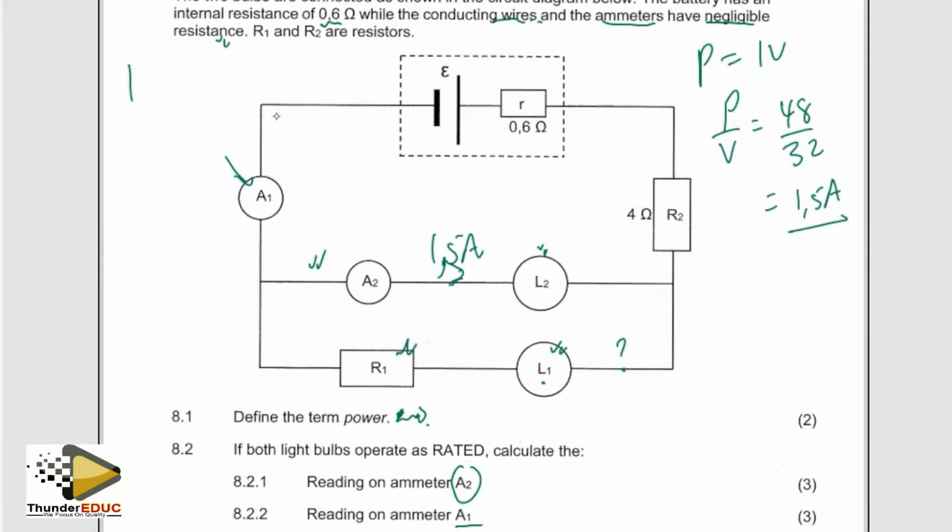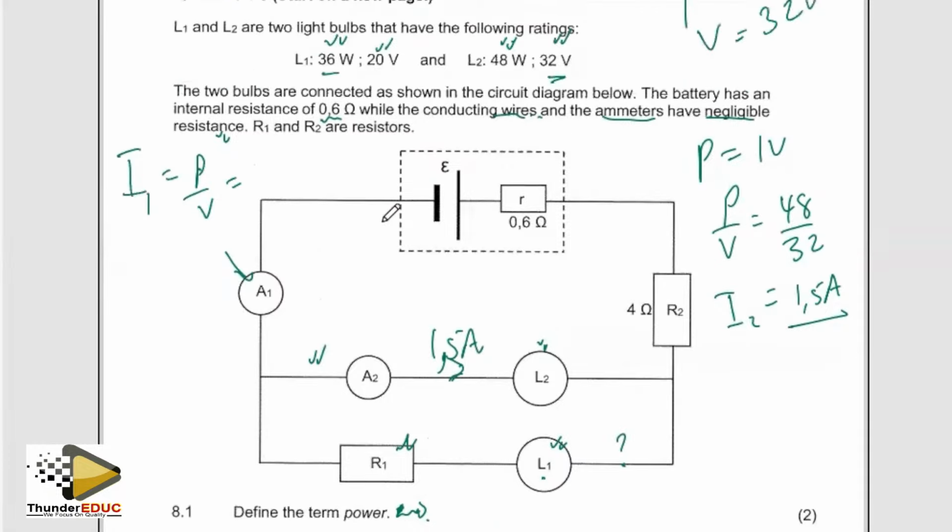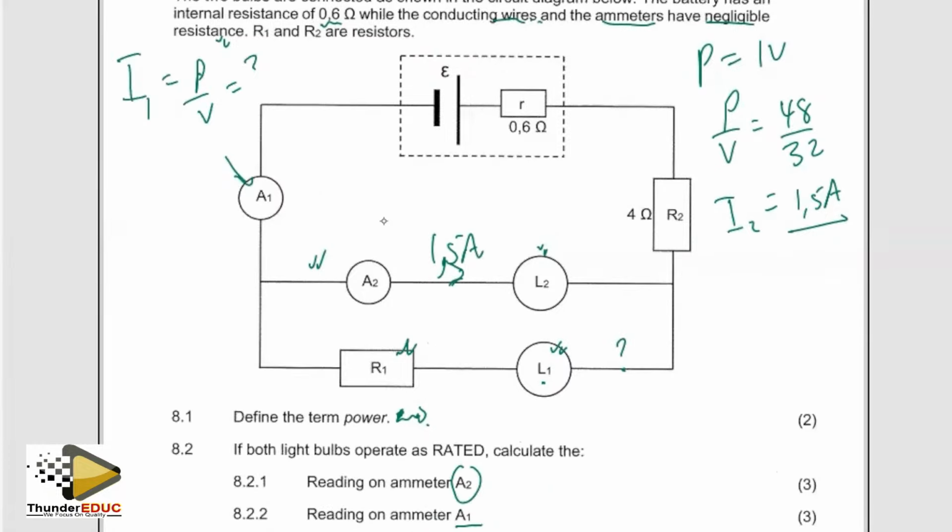The current through 1, because this was current 2, we can use the same thing, power over V, which is 36 over 20. That's going to give me 1.8 amps.